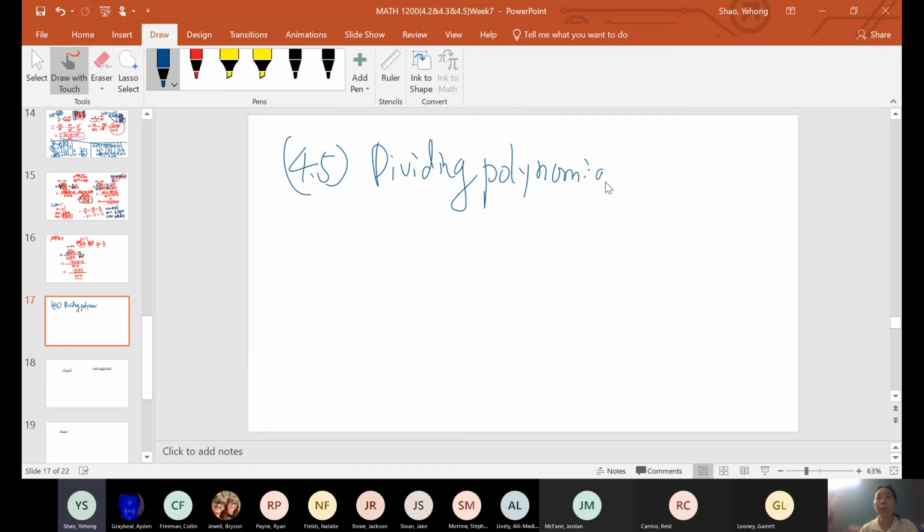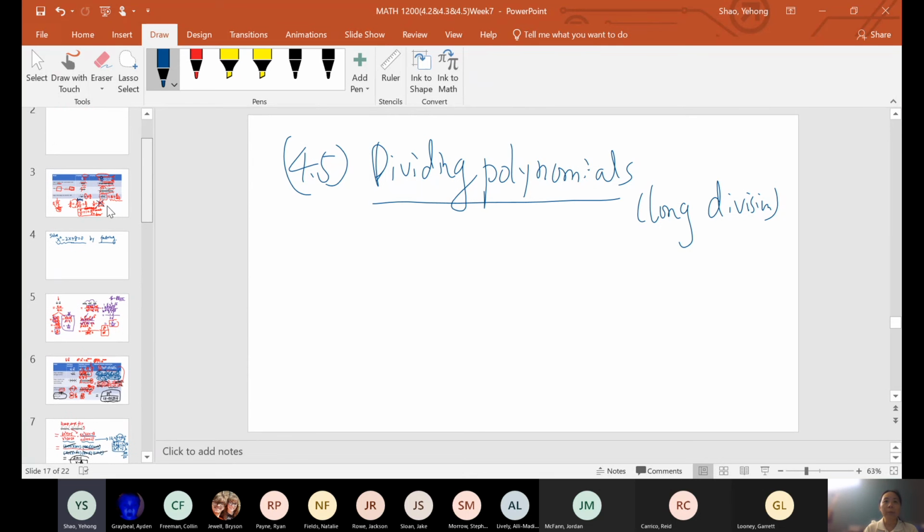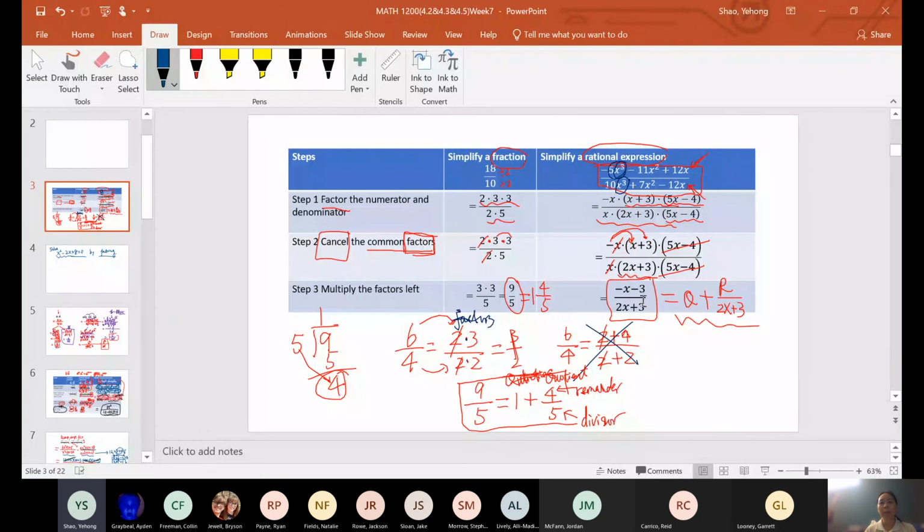Again, previously, we did talk about dividing polynomials. We used the factoring, but here we're going to be using long division, because when you do factoring, you have to stop at a certain step, like right here. Okay, so you have to stop here because you cannot factor the top anymore. You cannot factor the bottom anymore.